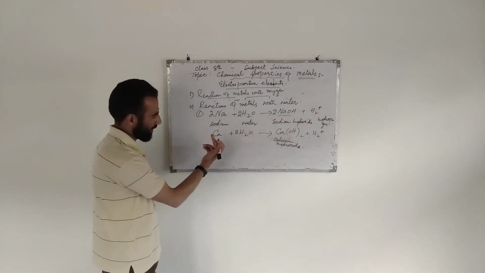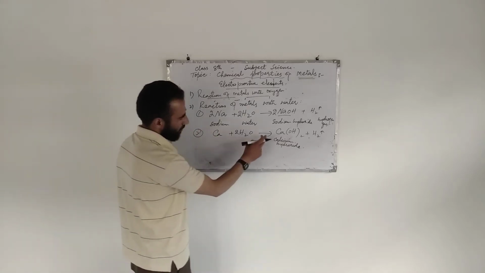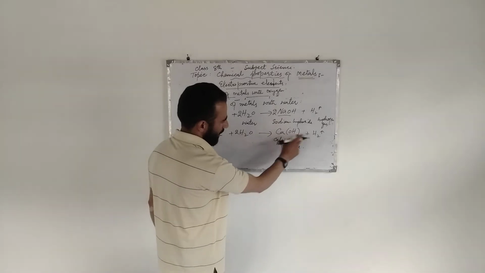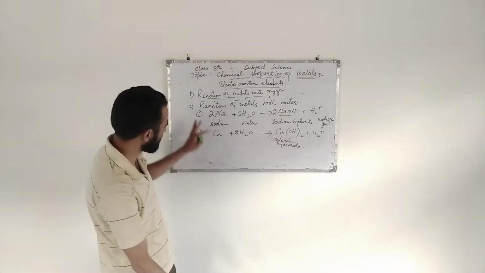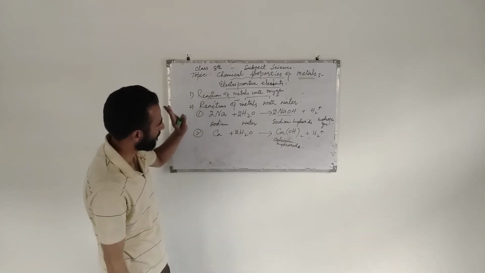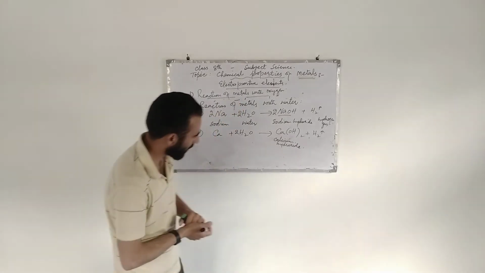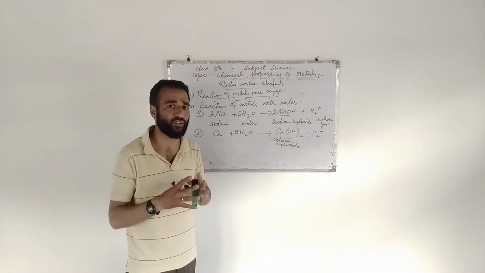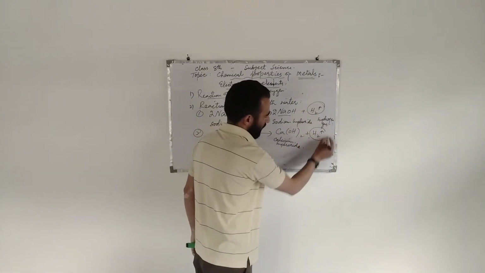And when we take calcium in water, it forms calcium hydroxide plus hydrogen gas. This is a balanced chemical equation. So this is the second chemical property of metals: when metals combine with water, they form the hydroxide, and in addition they form hydrogen gas, which is common in both of them.